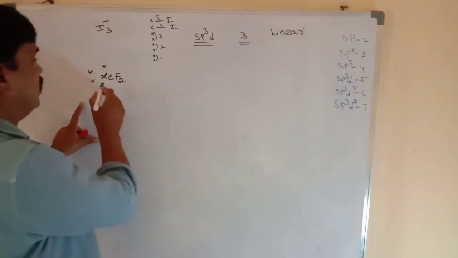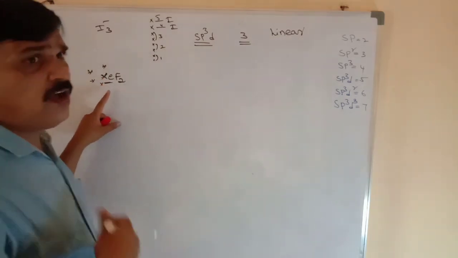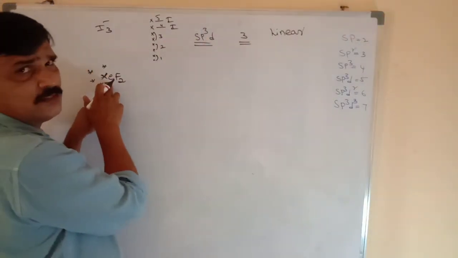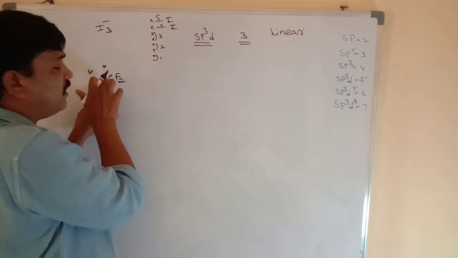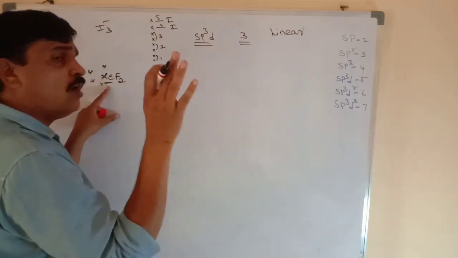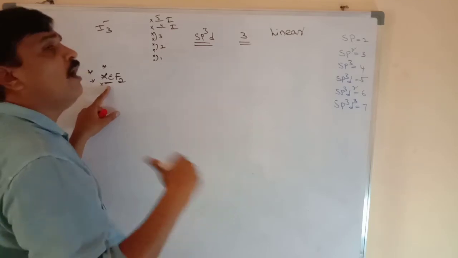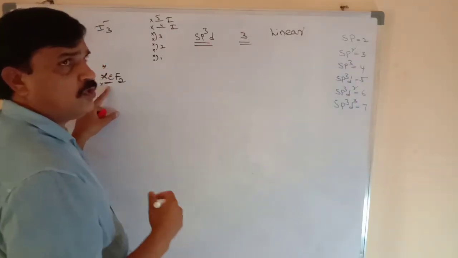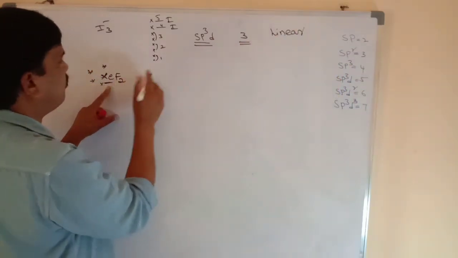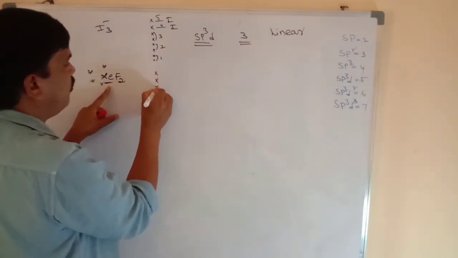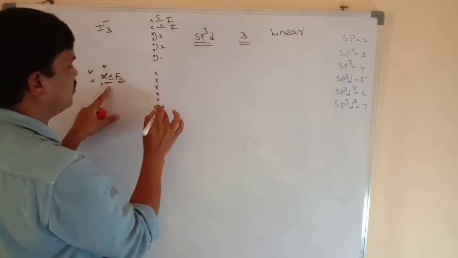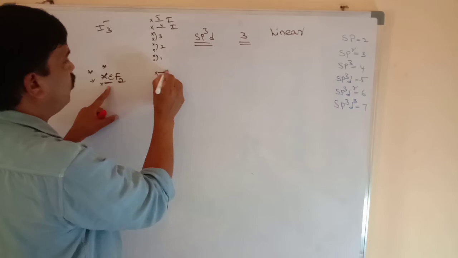For trick purposes, consider 0 group elements as the 8th group, not 0. So I want to draw how many dots? 1, 2, 3, 4, 5, 6, 7, 8 dots. How many fluorines are there?